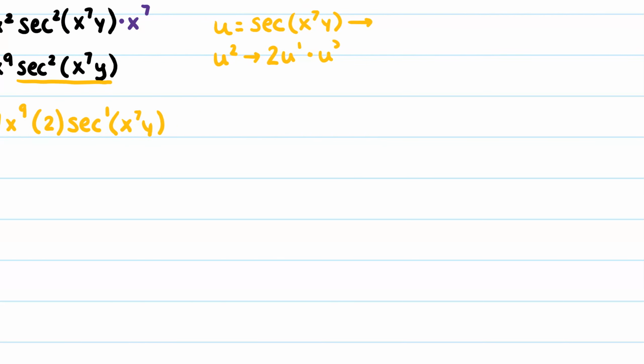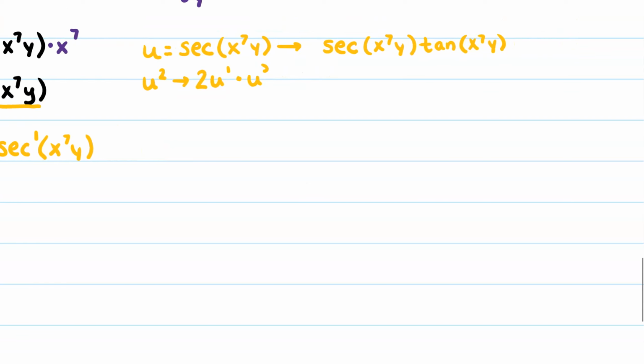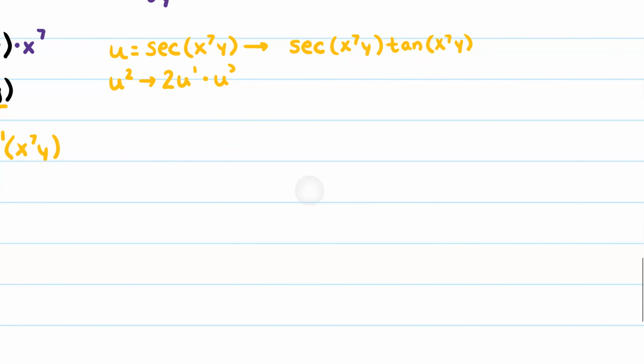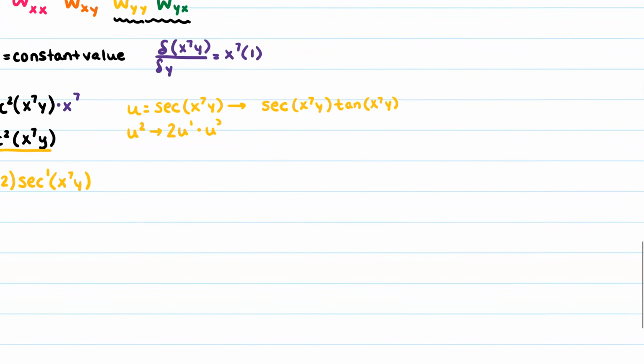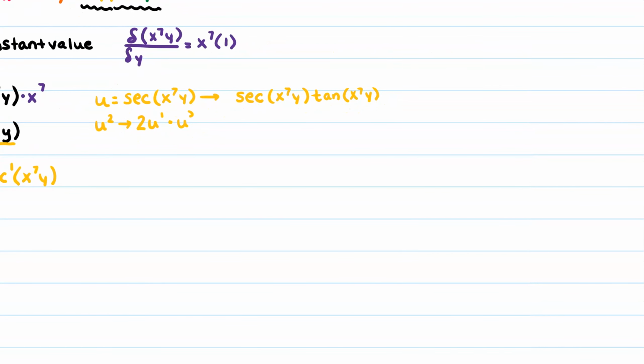So the derivative of secant is secant tangent, but now, since it wasn't just secant of y, then we'll have to take its derivative of the inside with respect to y. So again, taking the derivative of x to the 7y with respect to y is just x to the 7.